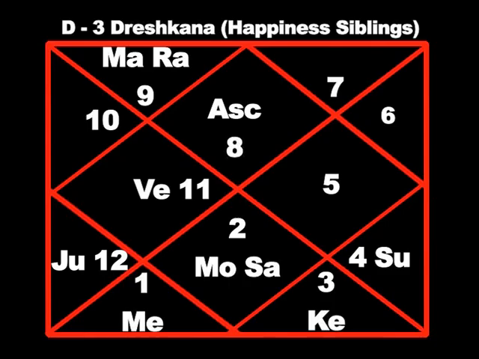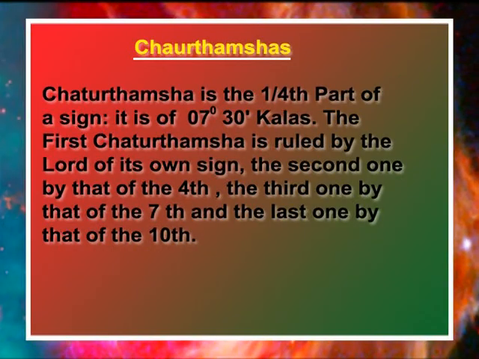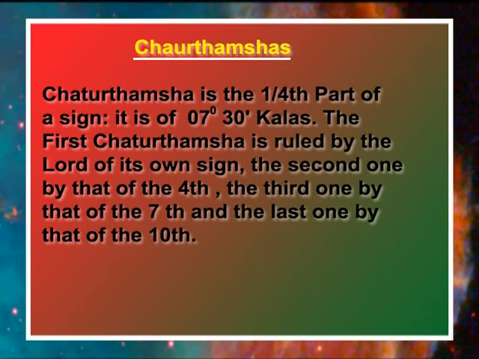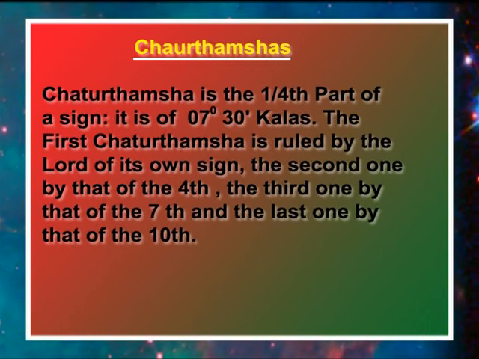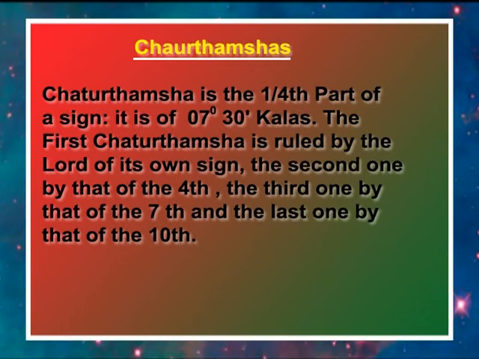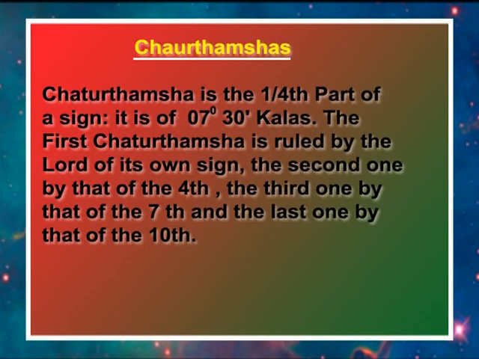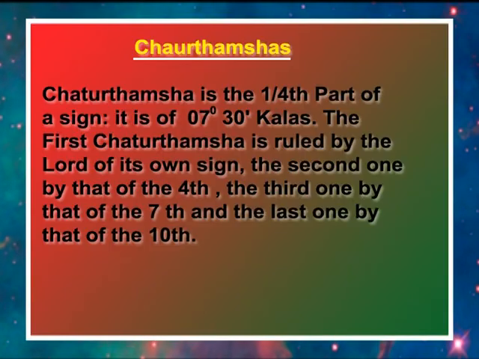The third house is 11th from the 5th house. Chaturthamsha, it is destiny, where the destiny will take you, or from where you have come from, as it is 12th from the 5th house.